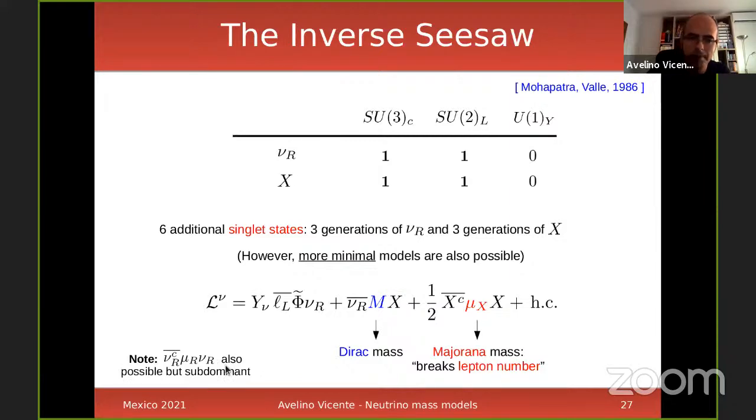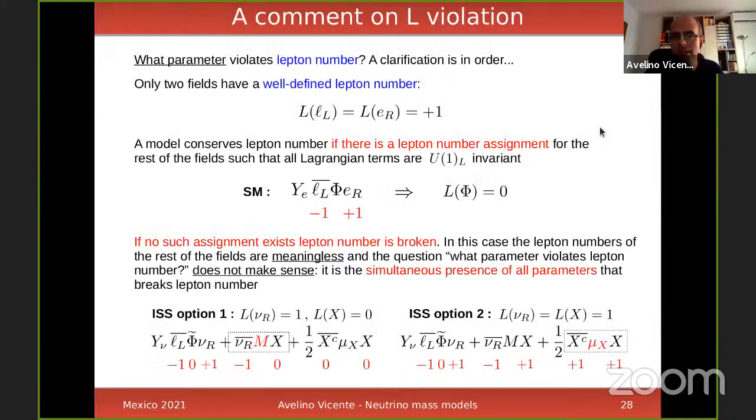Now, let me spend 1 minute clarifying something that I have read many times. I know that people sometimes write this knowing what they mean, so they know what they want to express when they say this, but sometimes they don't. And I think this is important. Sometimes we say that a parameter breaks lepton number, but this is not very well defined. So let me explain this.